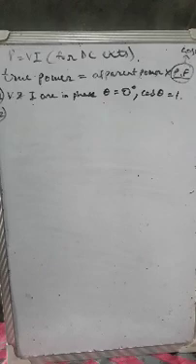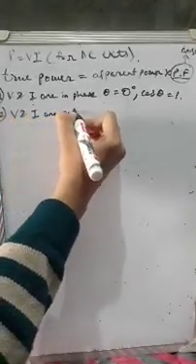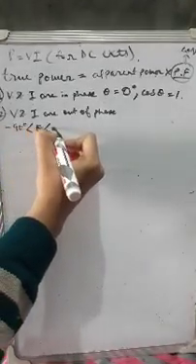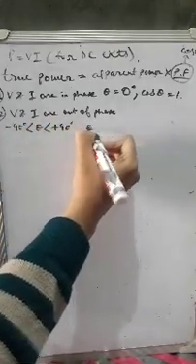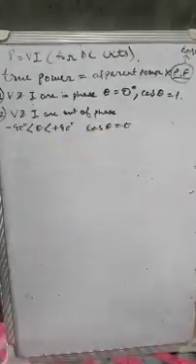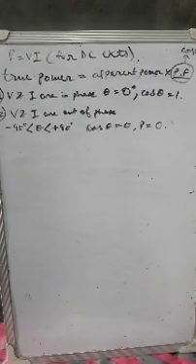So when V and I are out of phase, cos theta equals 0 and P equals 0.